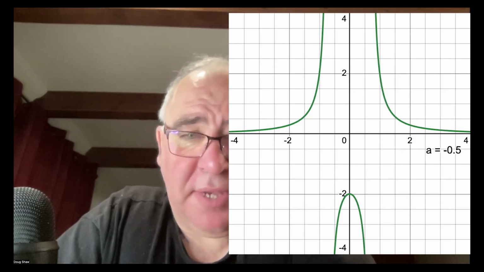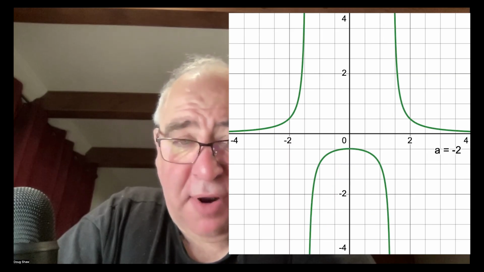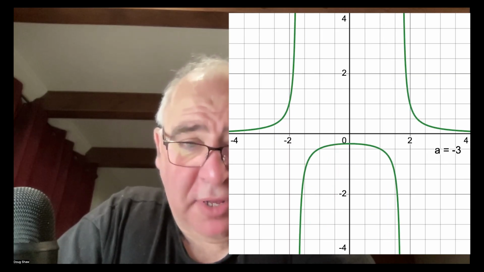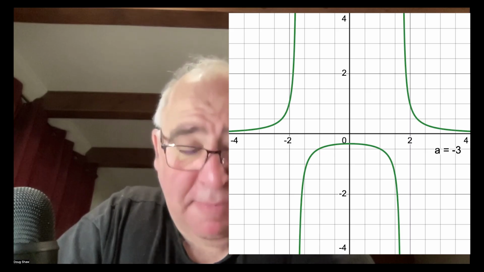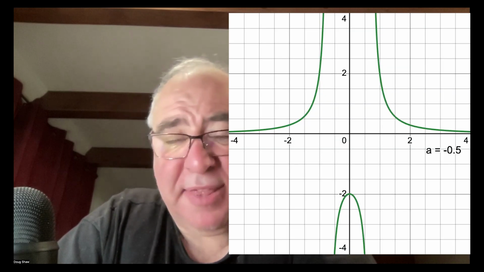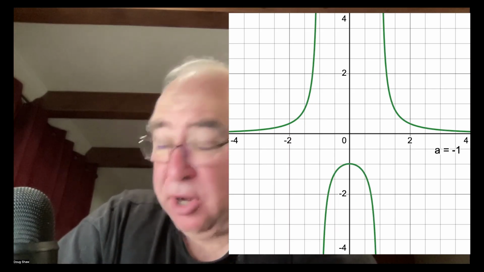A thing to the left, a thing to the right. Both of those have horizontal asymptotes at 0. Then there are these two vertical asymptotes and this hump in the middle below them. So what does varying a do? As a gets more and more negative, we can see that the middle lump gets higher and broader.